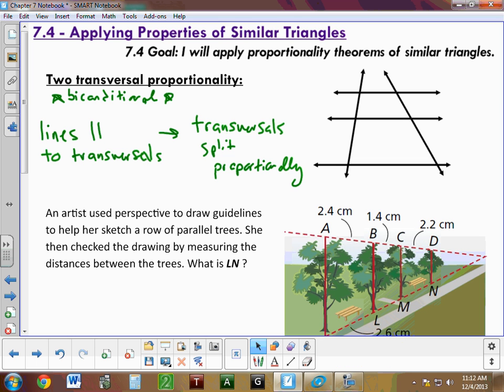Remember that a biconditional means it goes both ways, so let's take this arrow and make sure that we see that it goes both ways back and forth. So if lines are parallel to multiple transversals, then the transversals are split proportionally, and vice versa. If transversals are split proportionally, then the lines are parallel to the transversals. So just know that it goes both ways.